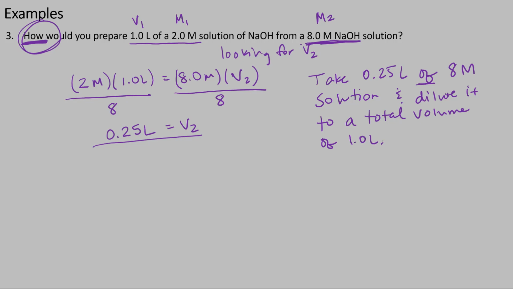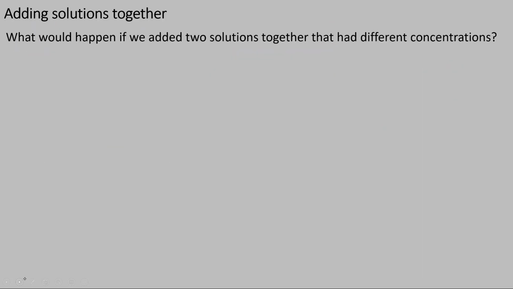And so we would add about 0.75 liters, and you could say that instead, but really, as long as you get to a total volume of 1 liter, that can be inferred. Because it might be a little bit less, especially with sodium hydroxide, but we're not going to get into the whys of that.